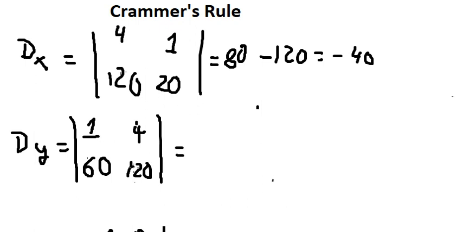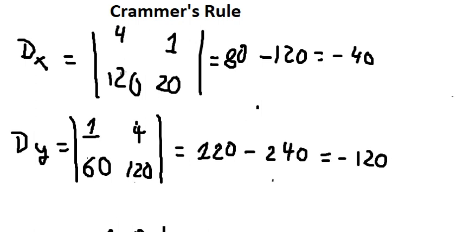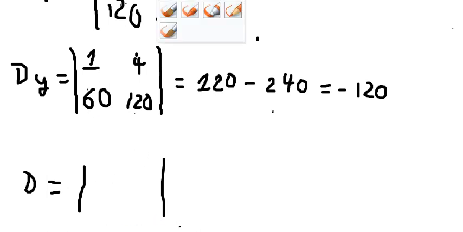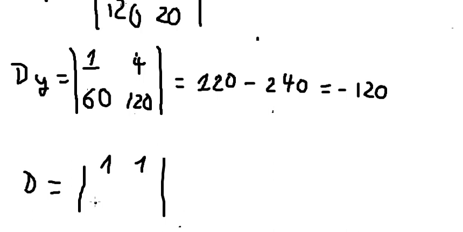So number 1 multiplied by 120, we have 120, minus 4 with 60, that is 240 here. We have negative 120. And the last one, 160, 20. So this one we have negative 40.